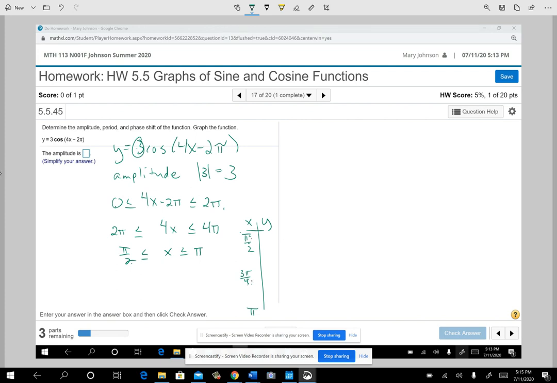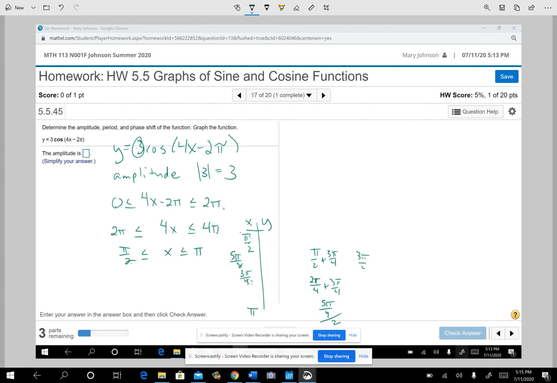So we wound up with pi over 2 plus 3 pi over 4, which is 2 pi over 4 plus 3 pi over 4. So it was 5 pi over 4, and then we had to divide it by 2. So when we divide that by 2, it becomes 5 pi over 8.